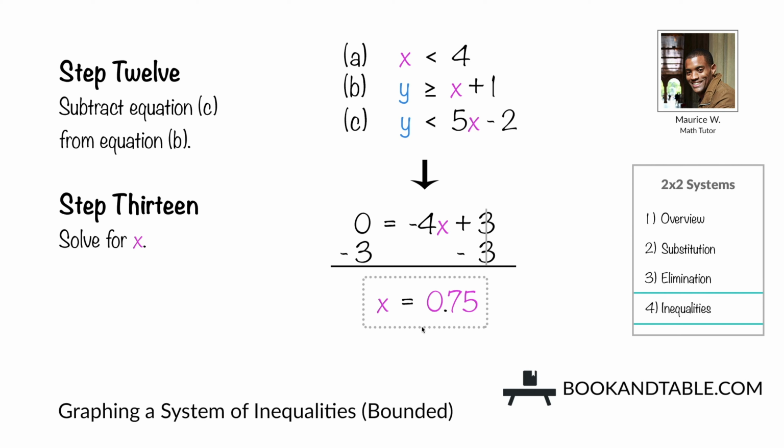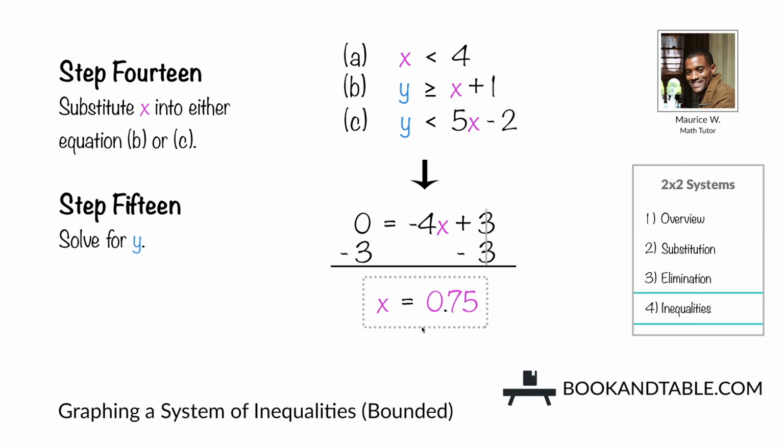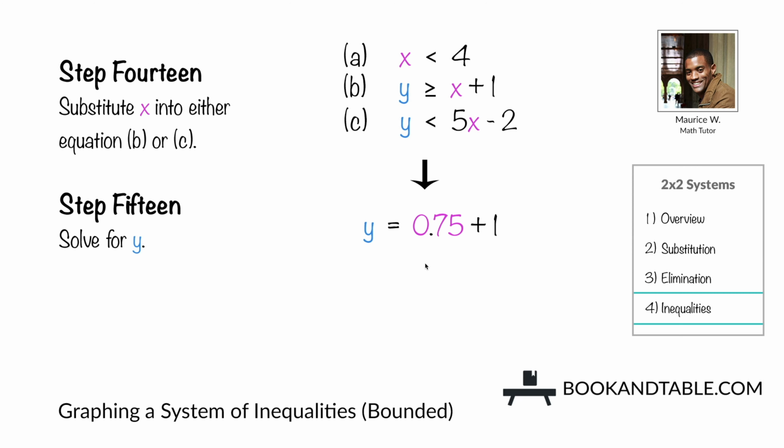So now that we know the x coordinate for the vertex where B and C cross, we can substitute x into either equation B or C and then solve for y. So if you plug this into B, you would get 0.75 plus 1, which is y is equal to 1.75.